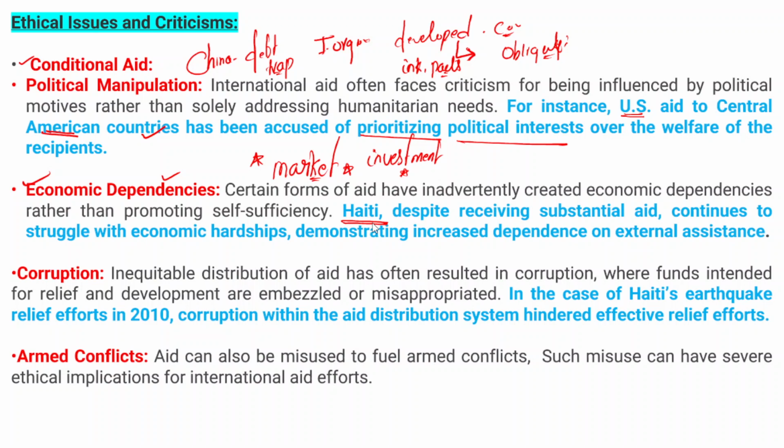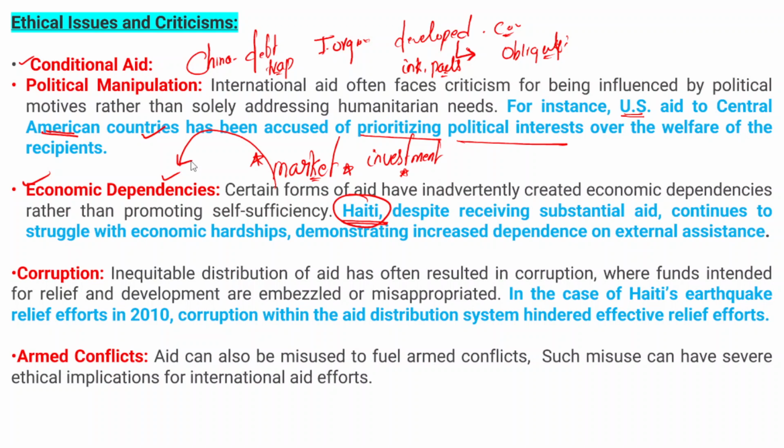So even after receiving such foreign aid, Haiti has still not been able to come out of this financial crisis. It is still facing huge amounts of hunger, poverty, and malnutrition. There is no significant improvement in the conditions of people in Haiti, despite receiving such economic aid from foreign countries.